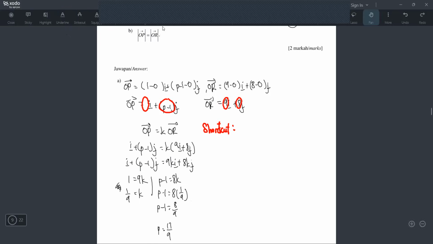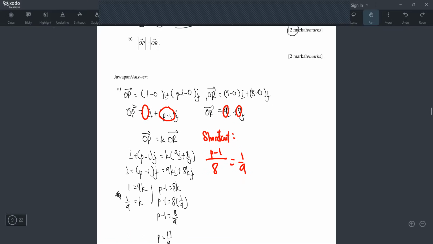The shortcut method is like this. You can take this coefficient, the right over the left or the left over the right, both are fine. But if I am you, I will take the left over the right, because my P is here. So it will be P minus 1 divide by 8 equals 1 divide by 9. You understand? It means the shortcut method works like this. When two vectors are parallel, you can straight away take the coefficients and divide.